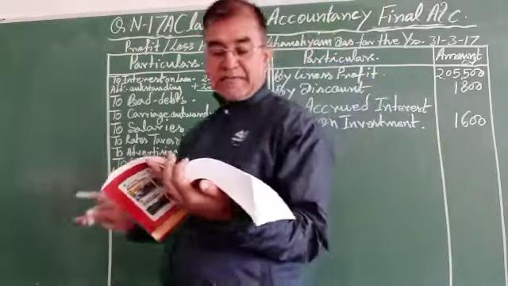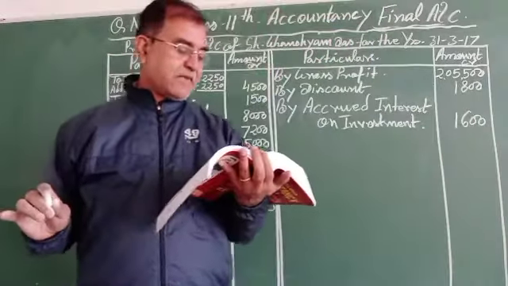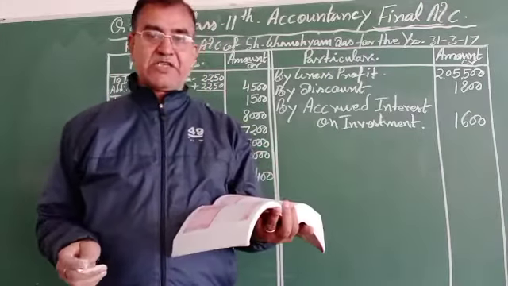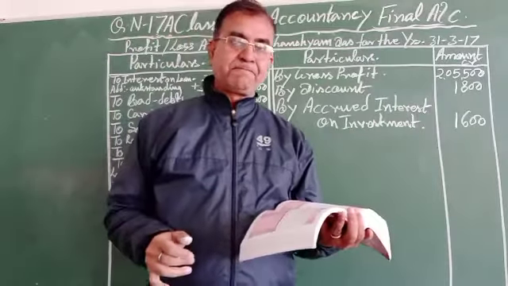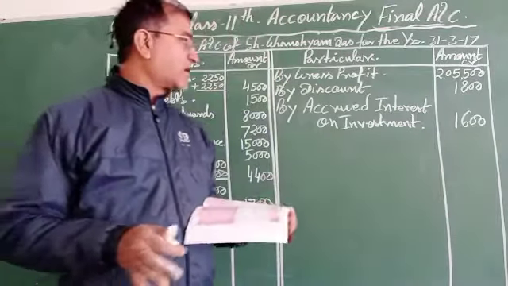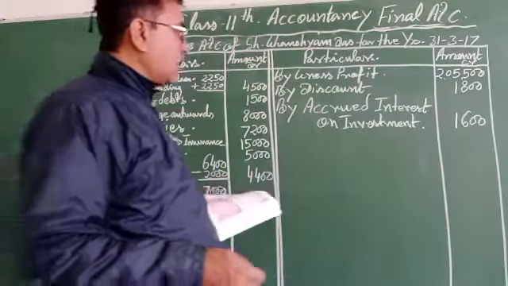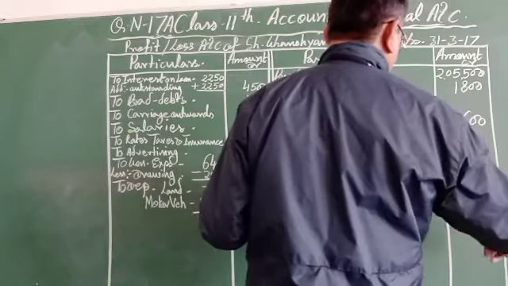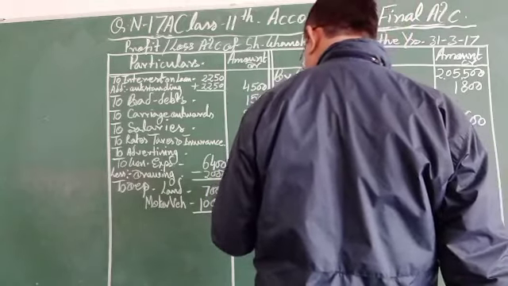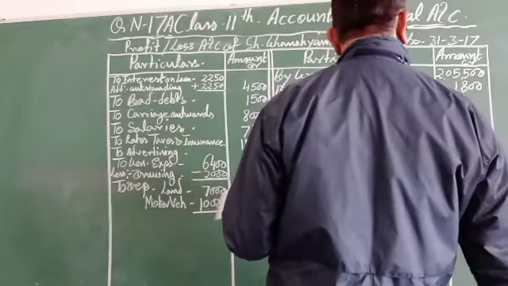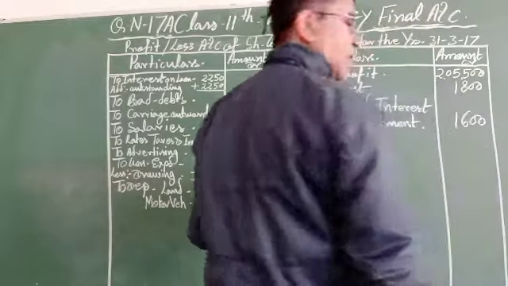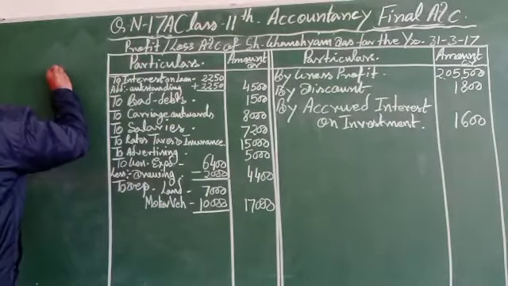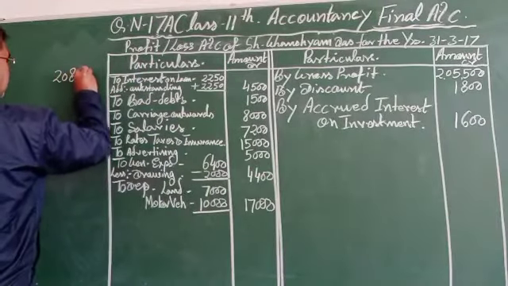Then after, one thing that is given: provide for manager's commission at the rate of 10% on net profit after charging such commission. So we have to calculate the manager's commission after totaling this.